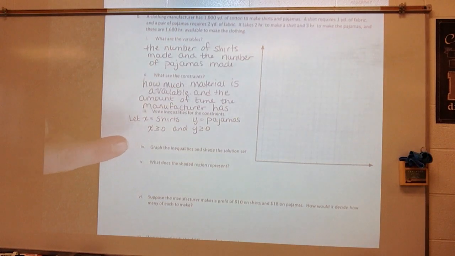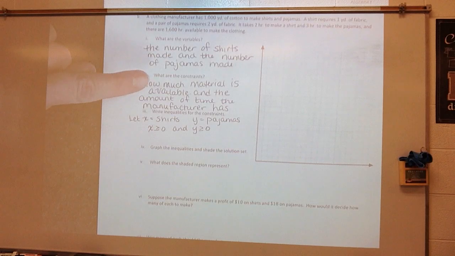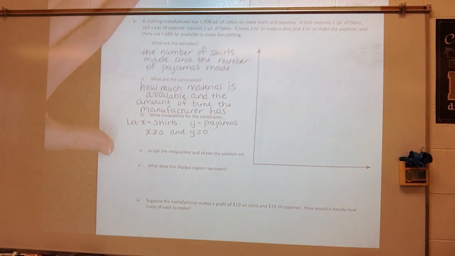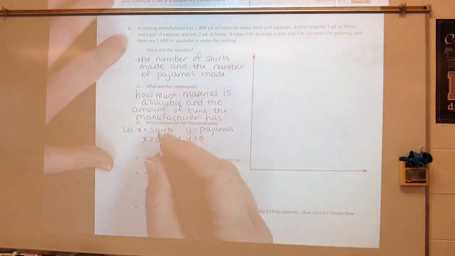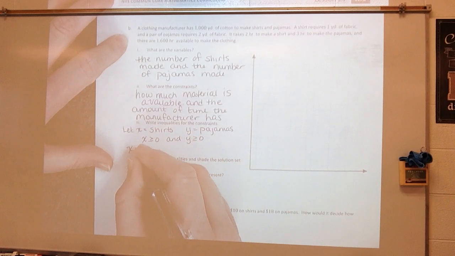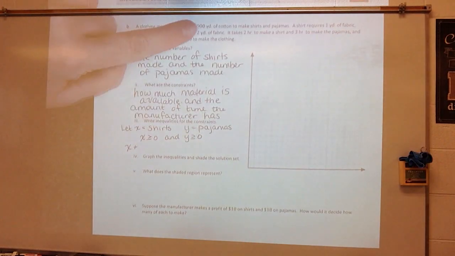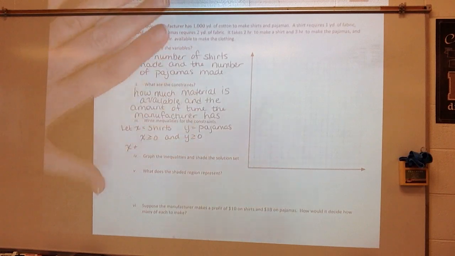Now let's look at our constraints. Alright, so how much material? Let's deal with the material first. It takes 1 yard of material to make a shirt. So x plus, it takes 2 yards of fabric to make pajamas.